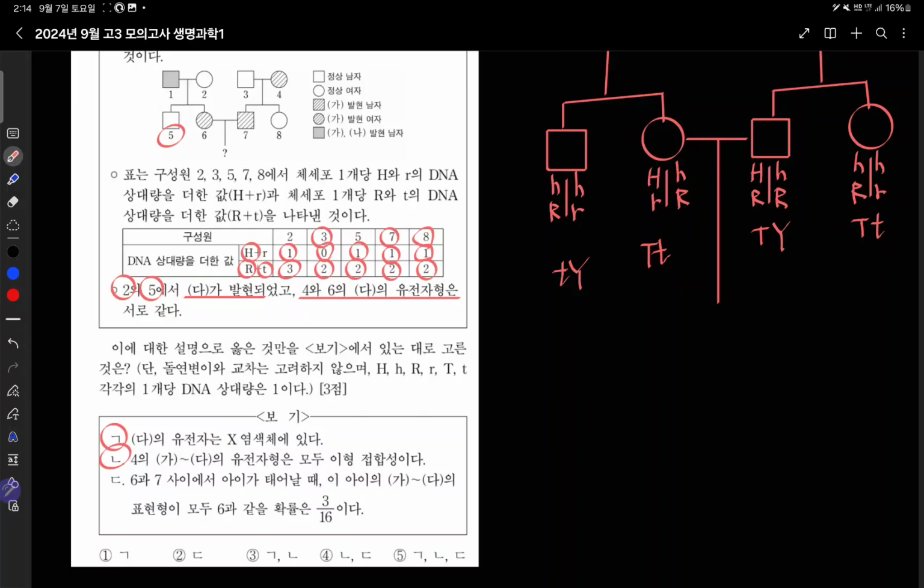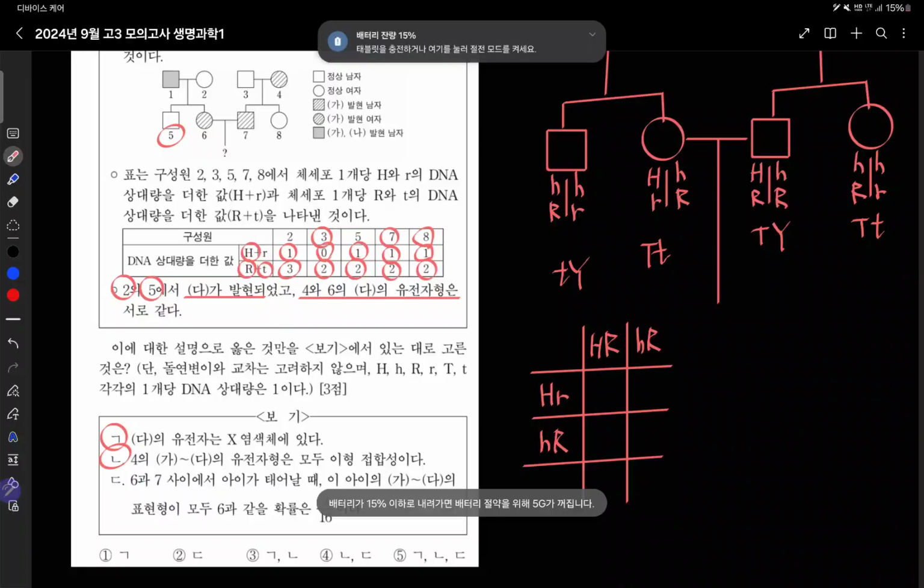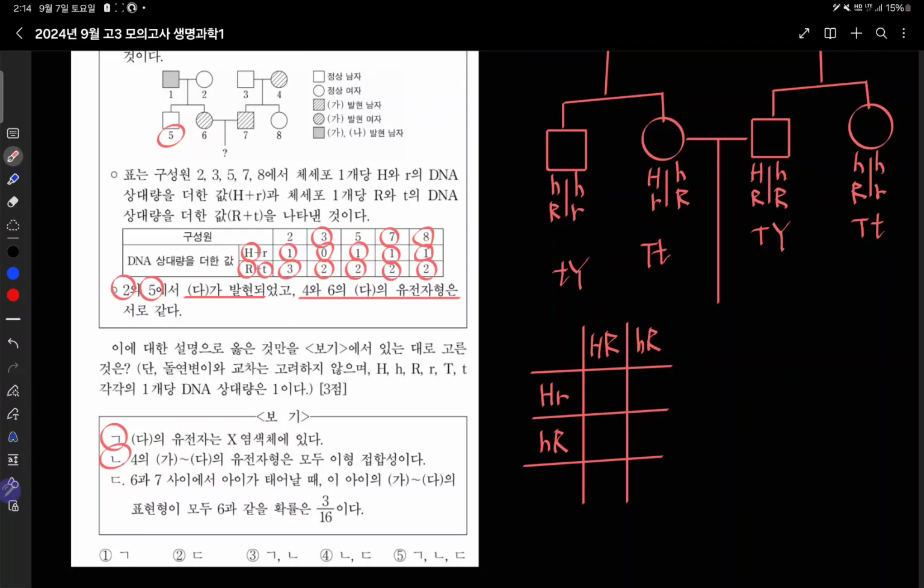So for the probability, if we make the Punnett square, this is for chromosome number 9, and individual number 6 has only the first trait, so these 3 cases are okay.